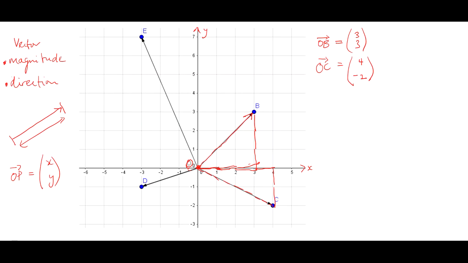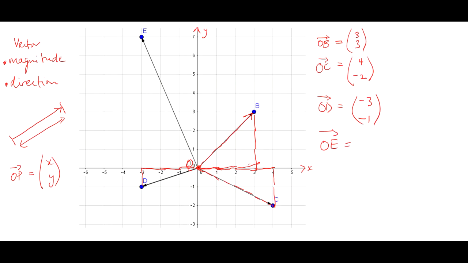Let's see OD. We move 1, 2, 3 to the left. Because we are moving to the left, we are going -3, and we are moving 1 down. So it will be -3, -1. So this is the vector OD. Right, and let's do OE now.